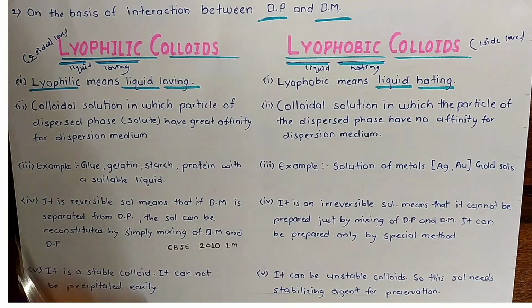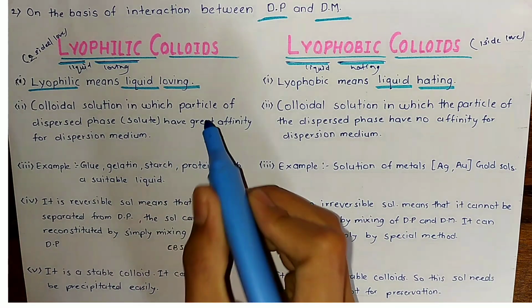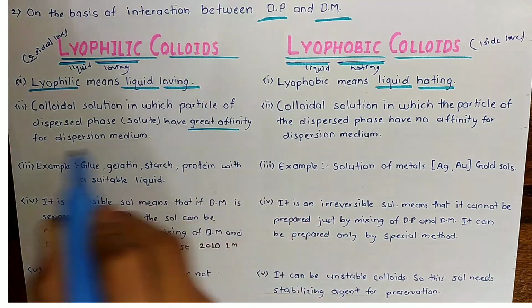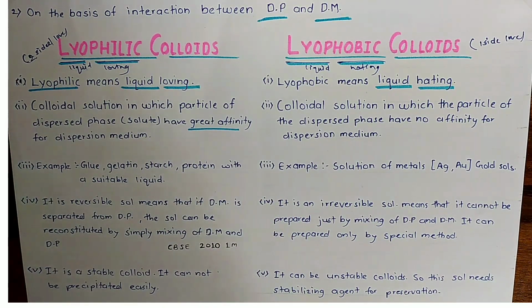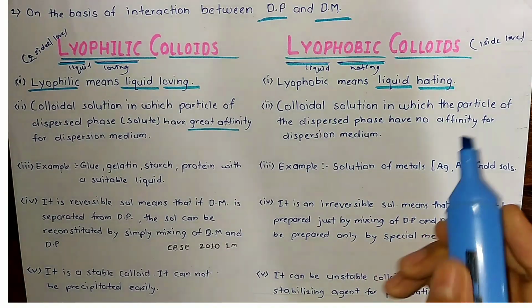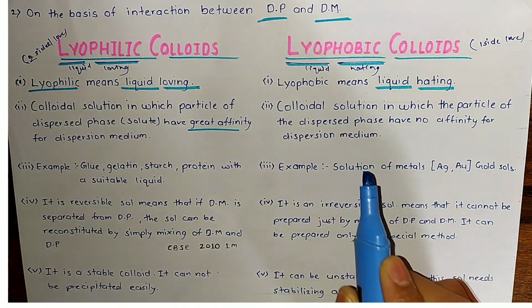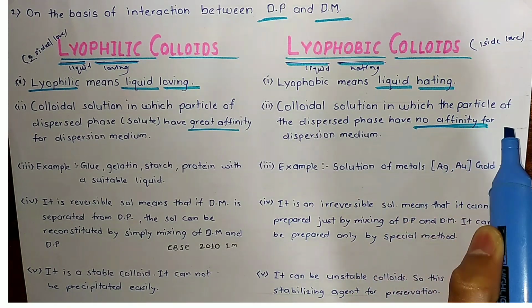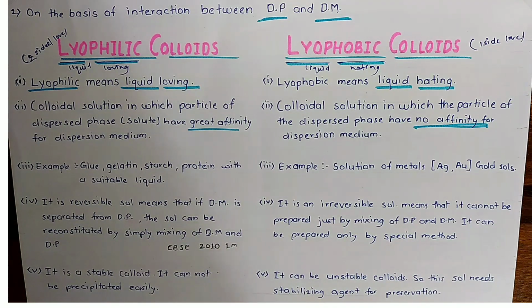Lyophilic colloid means a colloidal solution in which particles of the dispersed phase, the solute, have great affinity for the dispersion medium. And lyophobic colloid means a colloidal solution in which the particles of the dispersed phase have no affinity for the dispersion medium.